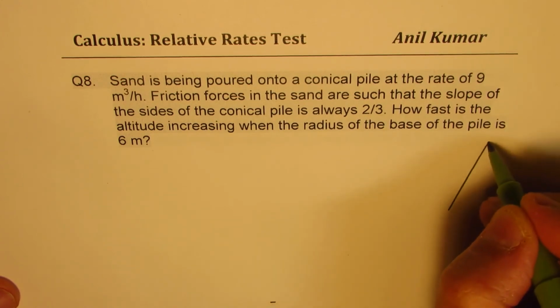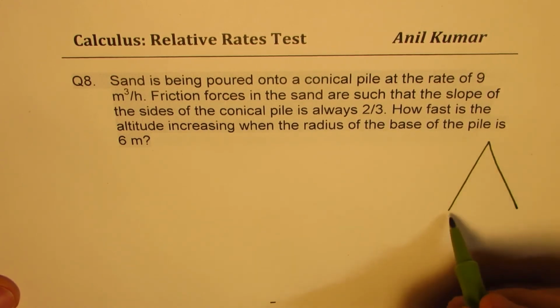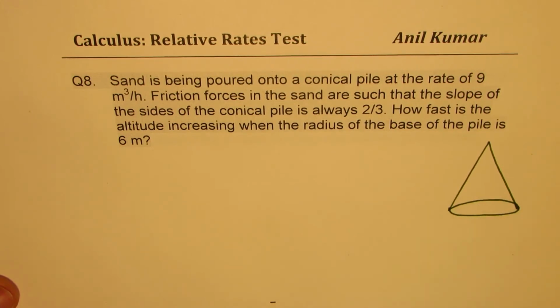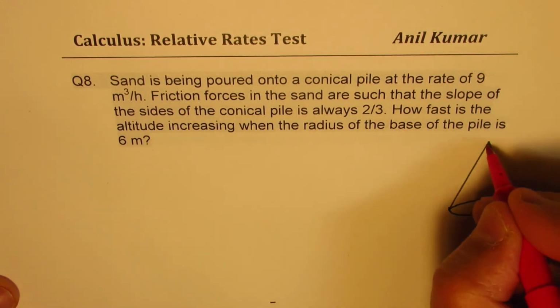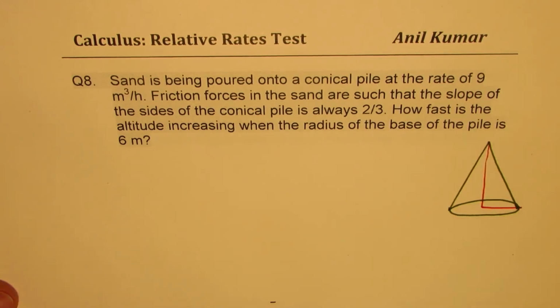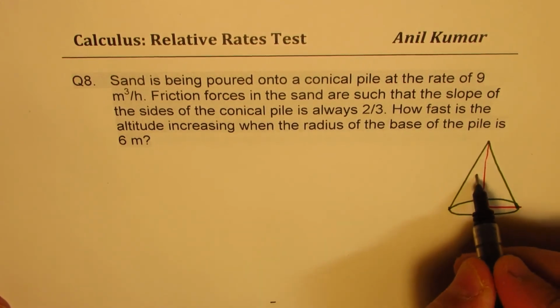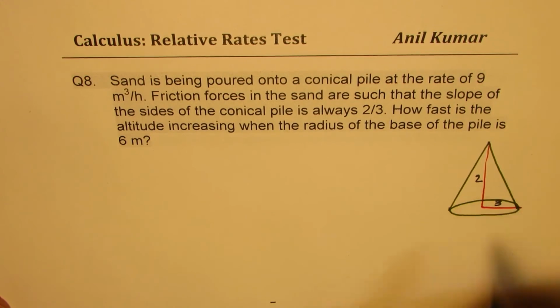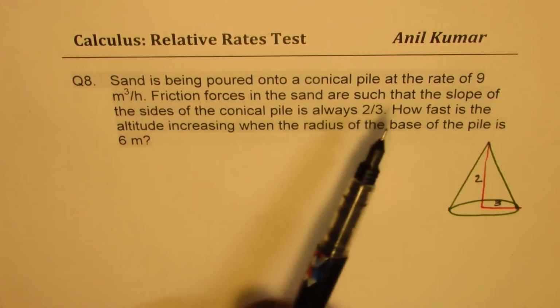So the situation is kind of like this. So that's the kind of pile which is getting made, conical shape. So the ratio of this, let's say, at any time is 2 over 3. So the diagram is not really showing that kind of thing. This is 2 and this is 3. Okay, fine. So that is the ratio.